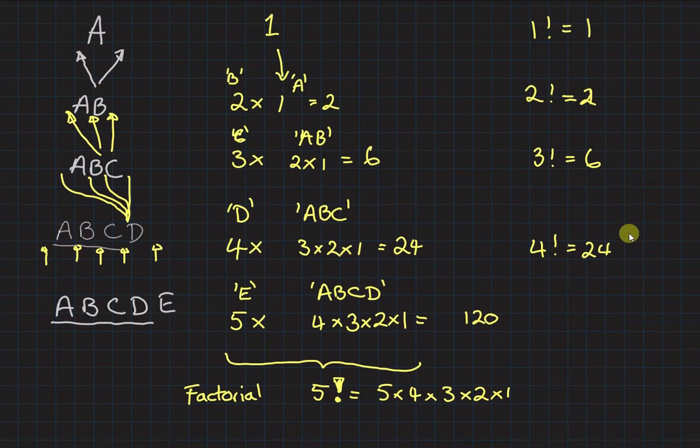So just a little aside, you might want to think, if there are 0 things, how many ways are there of arranging nothing?